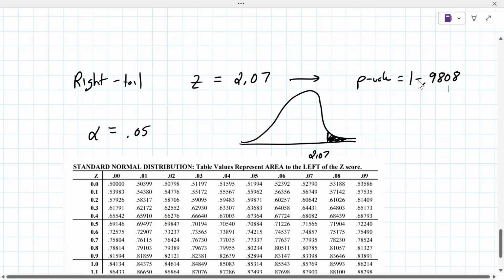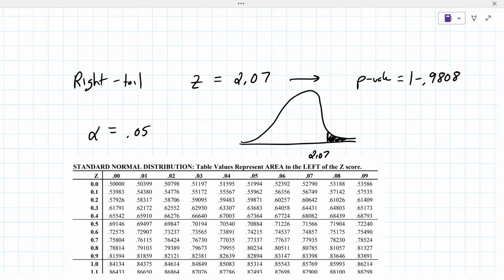Could you subtract that from 1 for us, please? I believe it's 0.0192. Okay, so now you got your p-value.